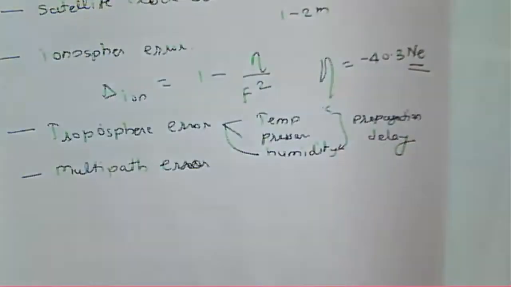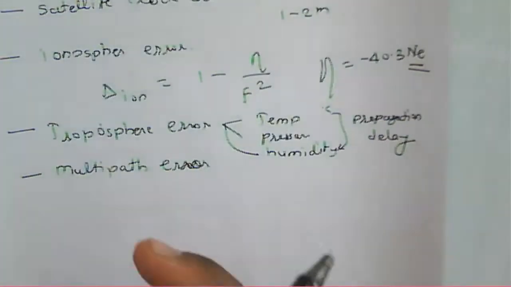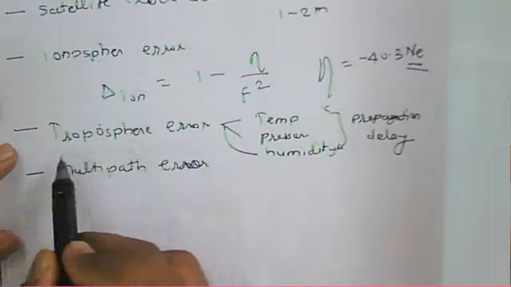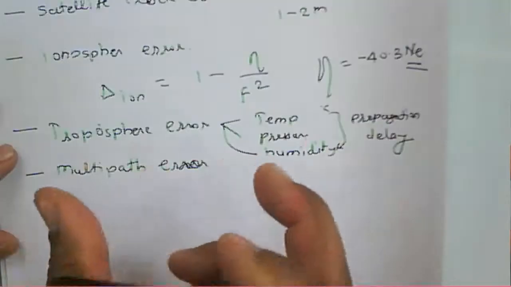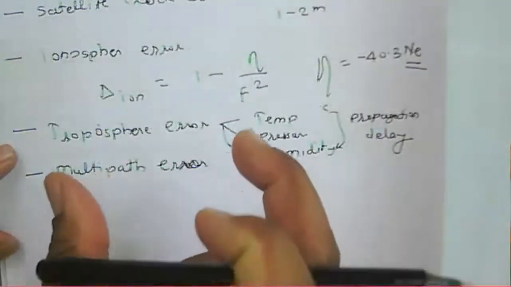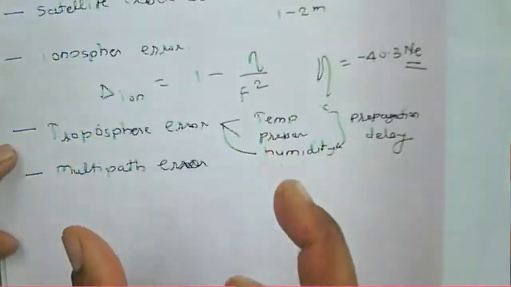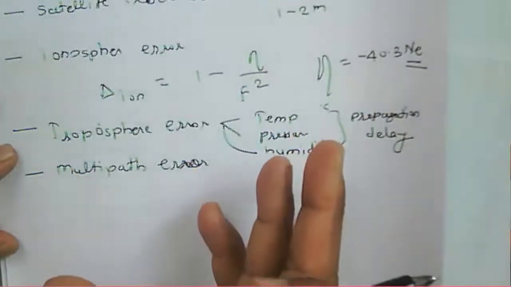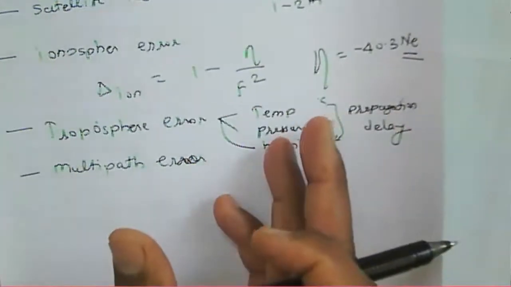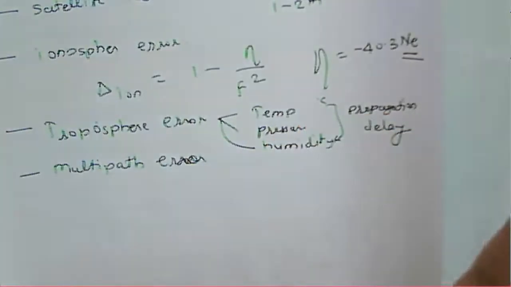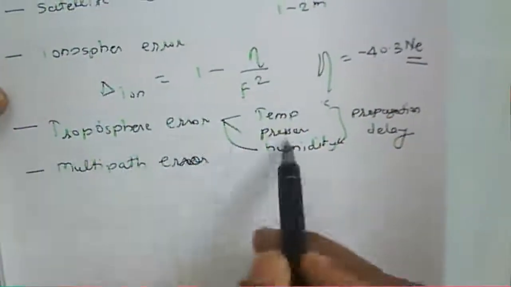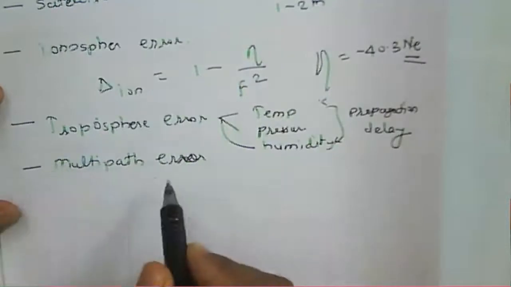So we'll see what the error is for that particular troposphere. The reason for this error is a variation in the signal path, and because of that, the signal received at a given elevation angle varies. Okay, so that's why there will be a troposphere error.